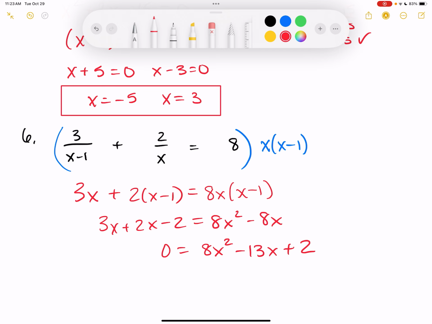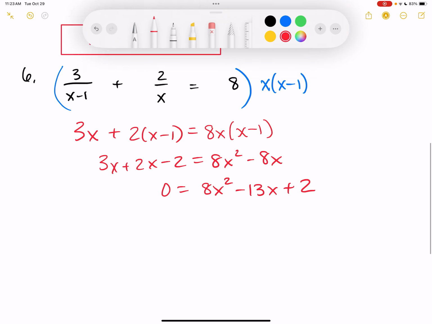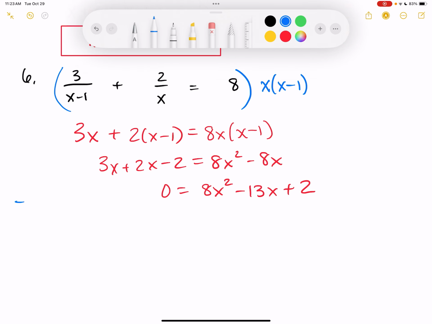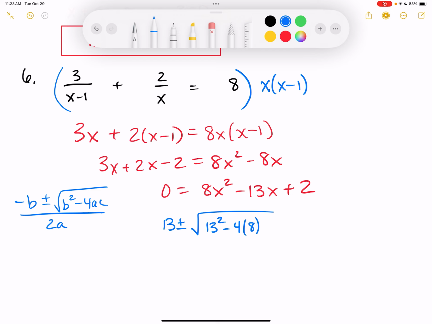Could we do the quadratic formula? Yep, quadratic formula. So, just for a refresher, negative b plus or minus the square root of b squared minus 4ac all over 2a. So negative b, but b is negative, so it's going to be positive. So 13 plus or minus the square root of 13 squared minus 4 times 8 times 2 all over 2 times 8.